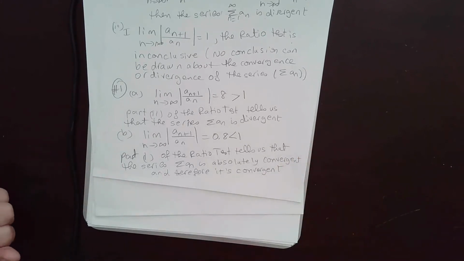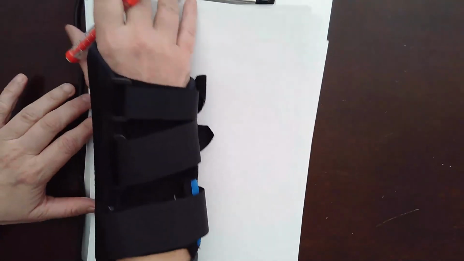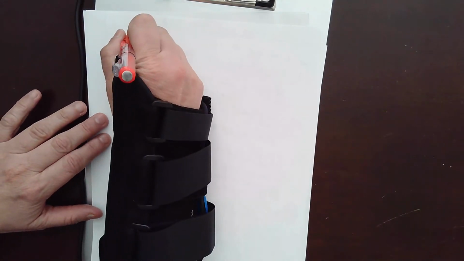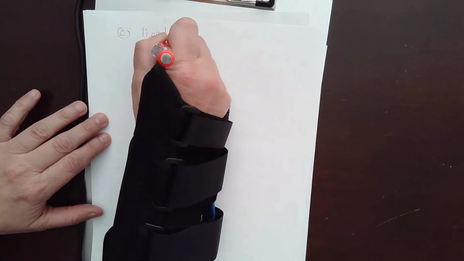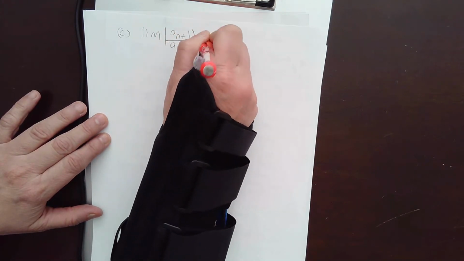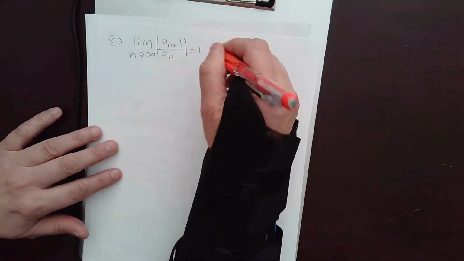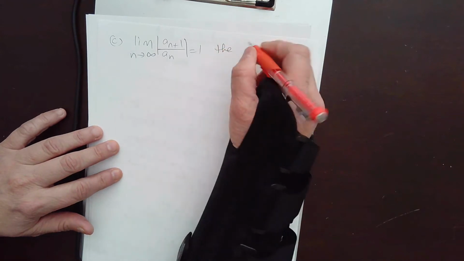Part C, this is equal to 1. So what does that mean? So the limit of a_(n+1) over a_n equal to 1 as n approaches infinity, the ratio test fails because it's equal to 1 here.